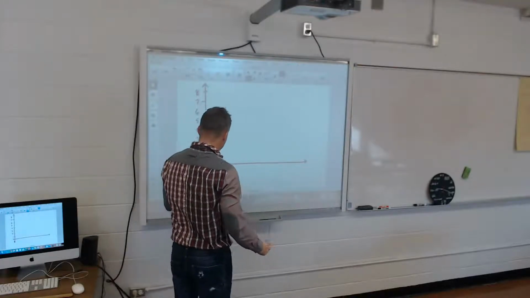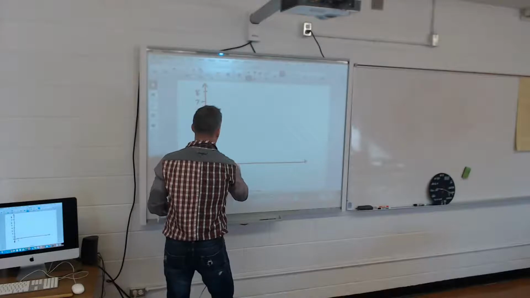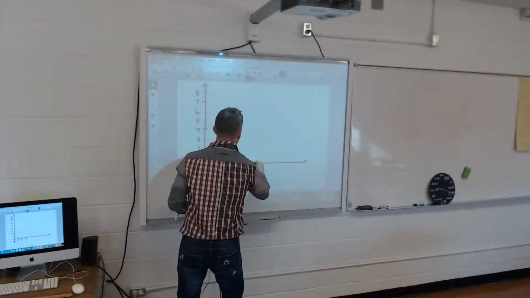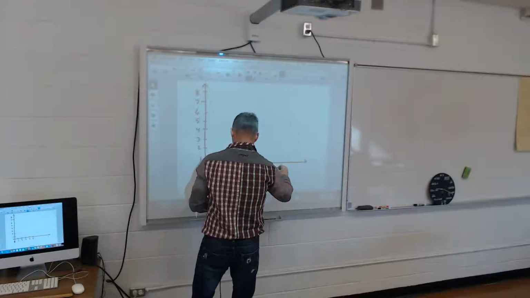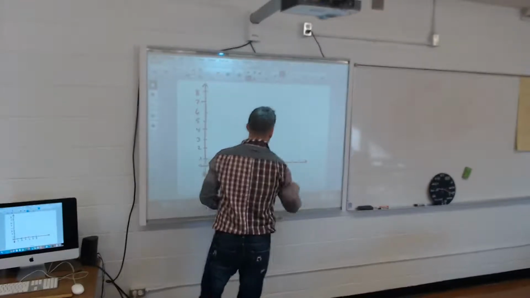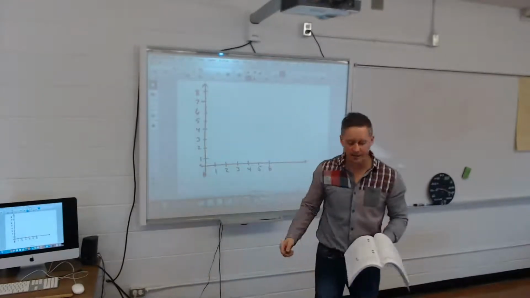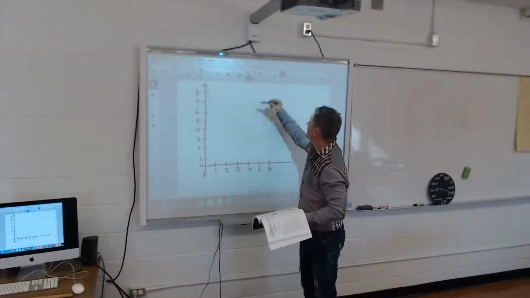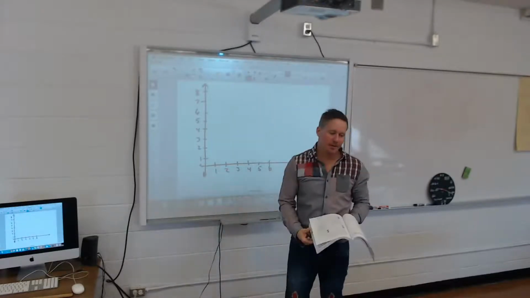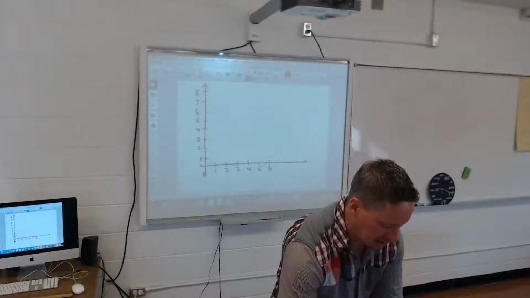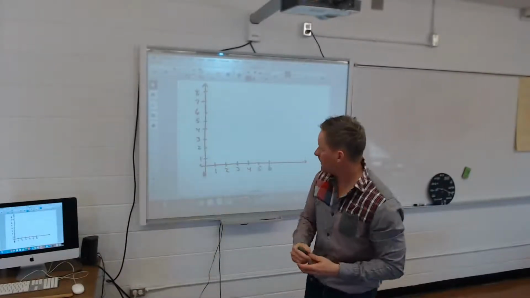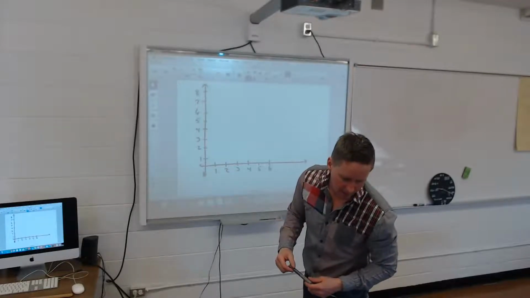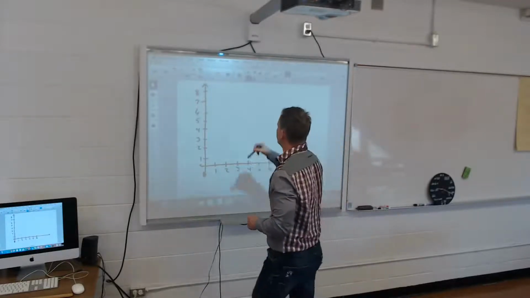Now, I could probably tell from two coordinates, but we're not there yet. If I looked at the slope between two coordinates, I could tell. But you know what? I didn't put the negatives on here. Sorry, let me redraw this.